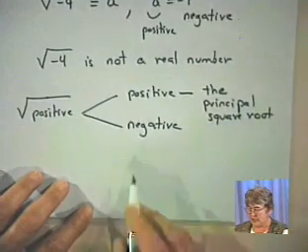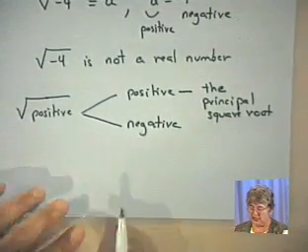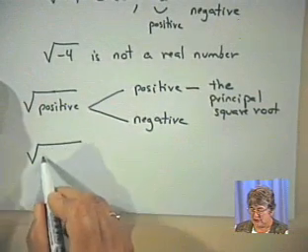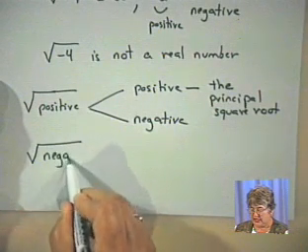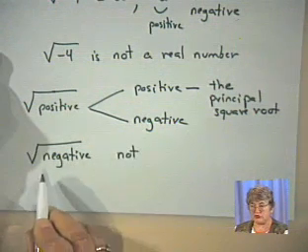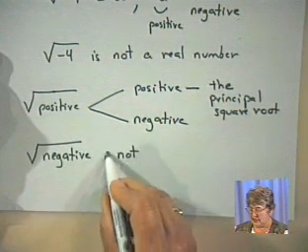Okay? And when we want the negative square root, we will indicate that. We've also seen that we cannot take the square root of a negative number and end up with a real number. It is not a real number.